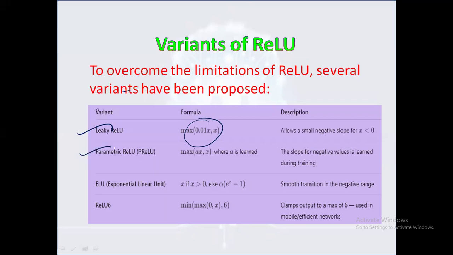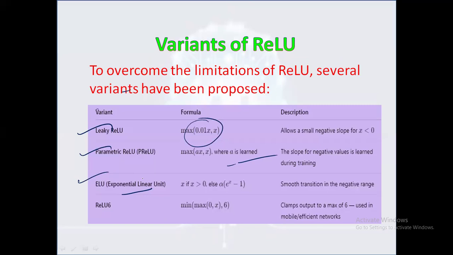Next one is the parametric ReLU, which goes a step further by learning the negative slope parameter during training, providing more flexibility and adaptability. And the third one is the exponential linear unit, which we can call ELU. It introduces an exponential curve for negative inputs, which can help the model converge faster and perform better.